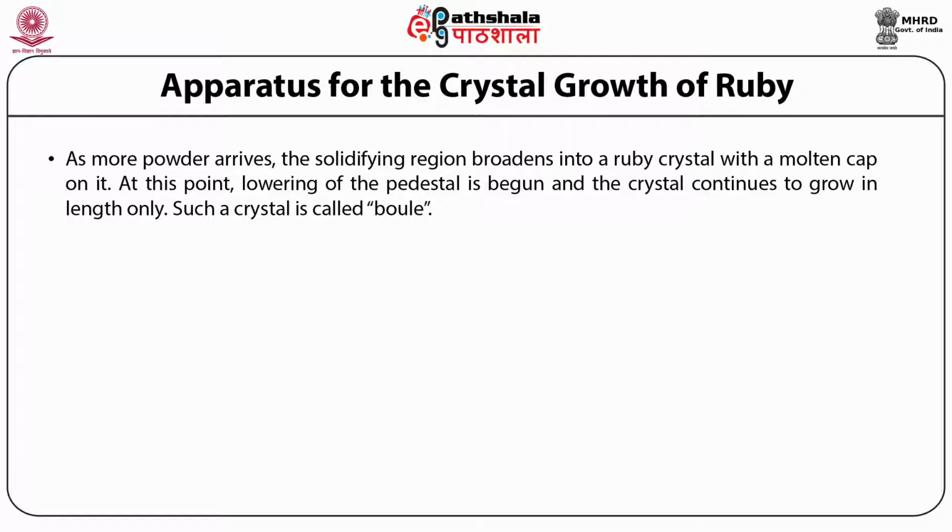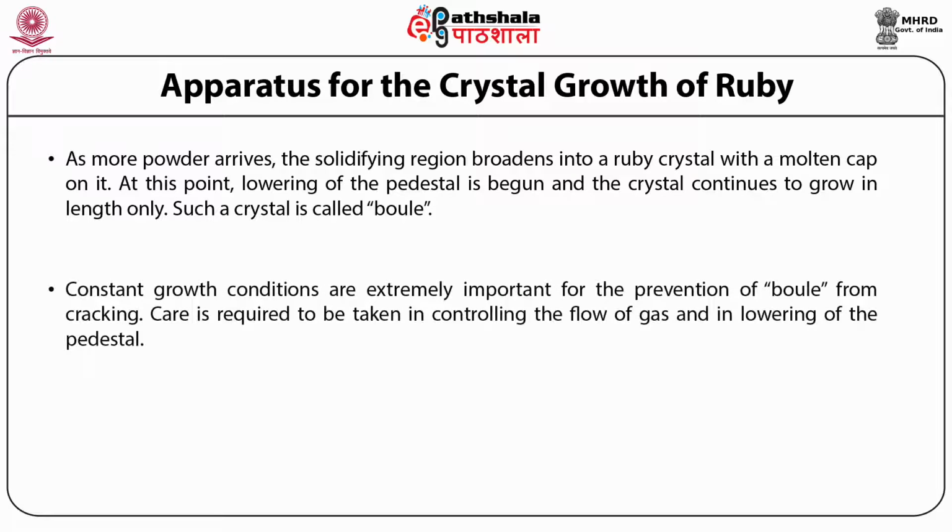At this point, lowering of the pedestal is begun and the crystal continues to grow in length only. Such a crystal is called a boule. Constant growth conditions are extremely important for the prevention of the boule from cracking.